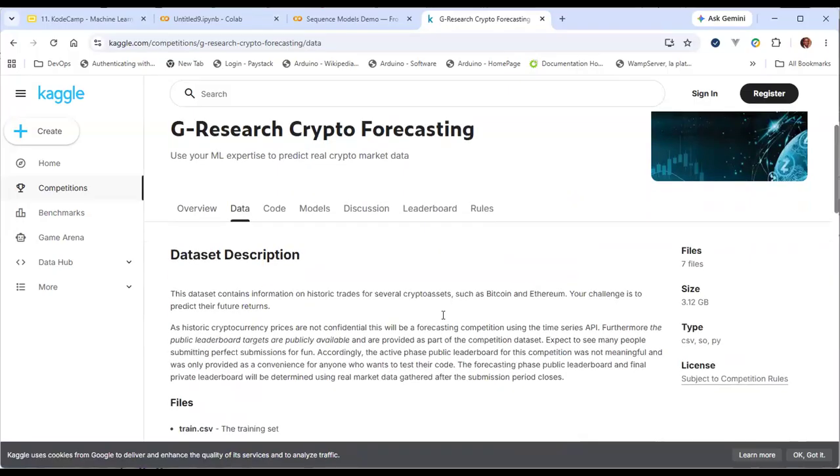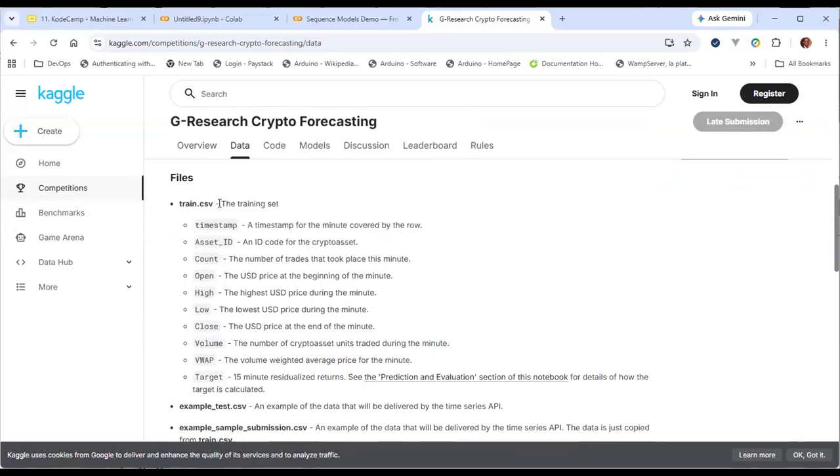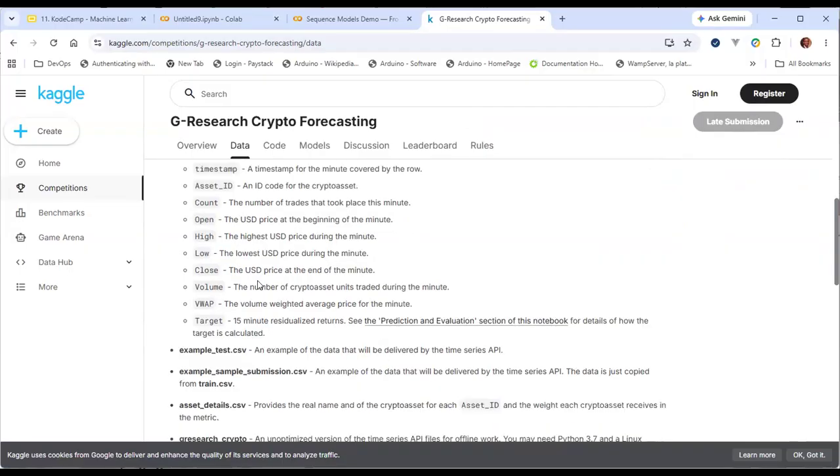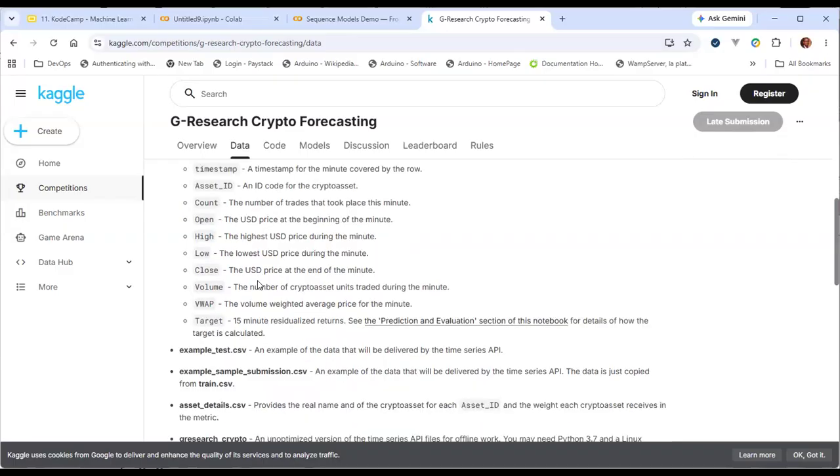I'm just going to go into the data. If you look at this, the training set has a timestamp, asset ID, number of trades, open, high, low. These are the different features that you would bring in for each data set.